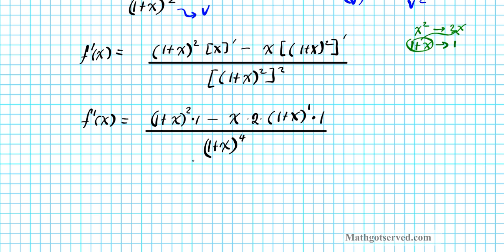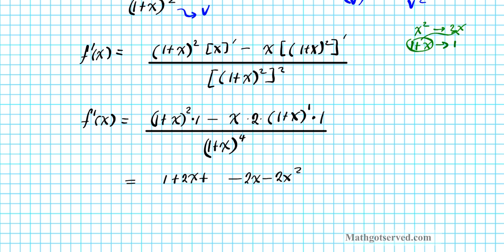All right, let's simplify it a little bit more. So we're going to have 1 plus x squared is simply 1 plus 2x plus, minus, we'll distribute 2x to this quantity here, and we'll have negative 2x minus 2x squared. Okay, let's make a real quick correction here.